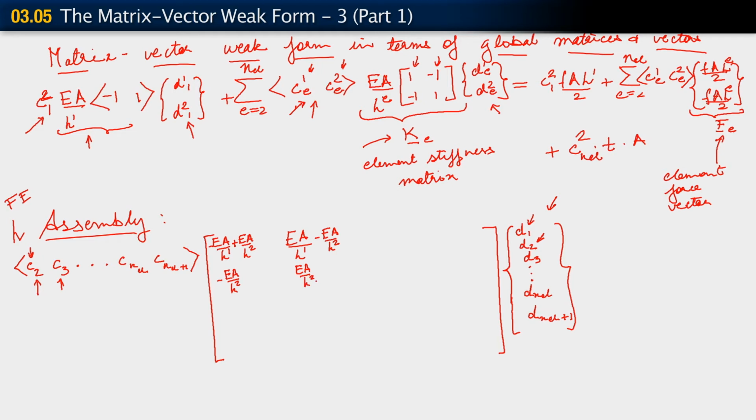And then we go on to element 3. Element 3 would have C degrees of freedom C3 and C4. It would be this one and the other entry, which would come just next to it. Those would map onto the matrix to rows 2 and 3.